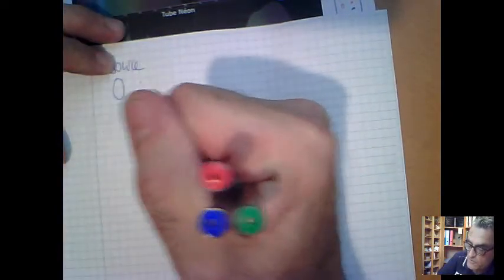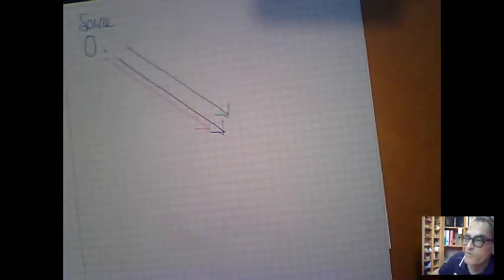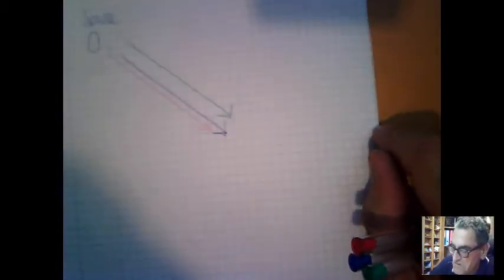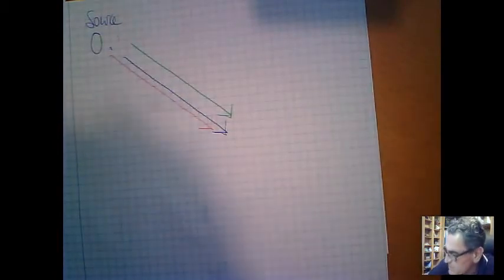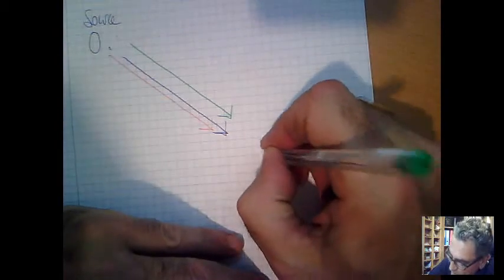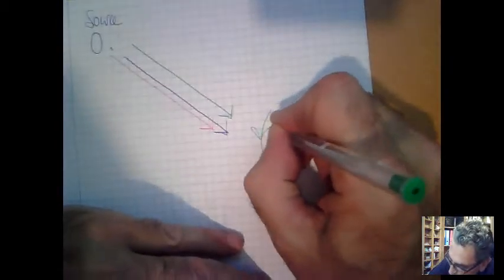I have only 3 colors here, but I think it should be enough. I'm going to do it like this. So the source of light is sending out all the colors from the spectrum. Let's say it's the sun or it's a bulb. And here you have some type of plant.